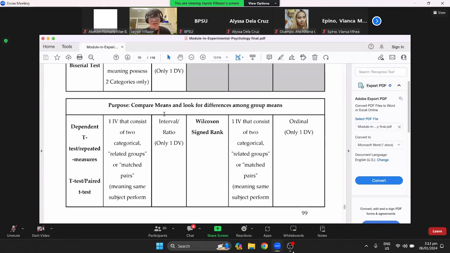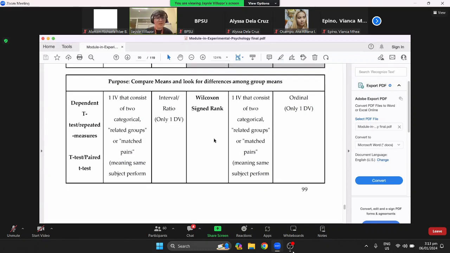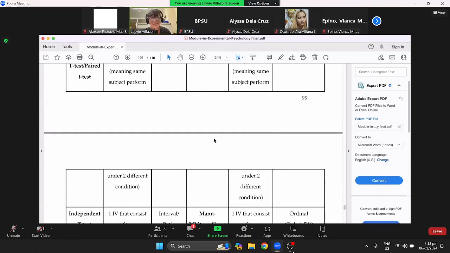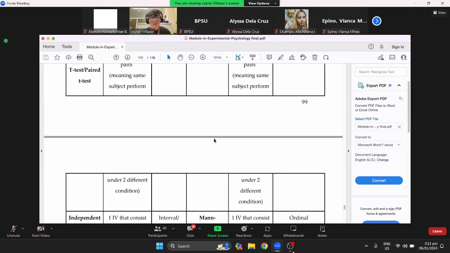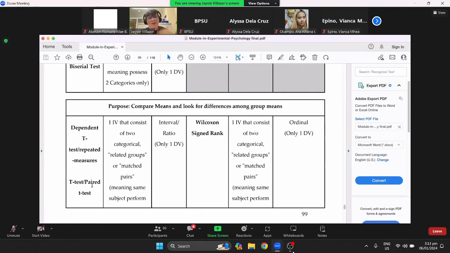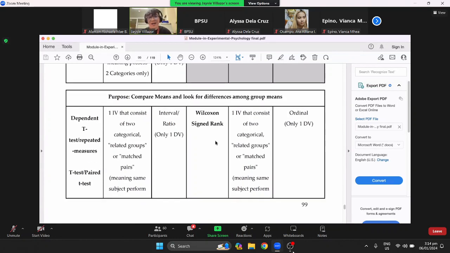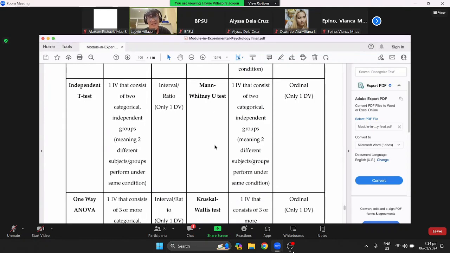Let's say, for example, the counterpart of dependent t-test or paired test, ito kasi yung mga pangalan niya, marami siyang names, is Wilcoxon signed-rank test. The counterpart of independent t-test is Mann-Whitney U-test.